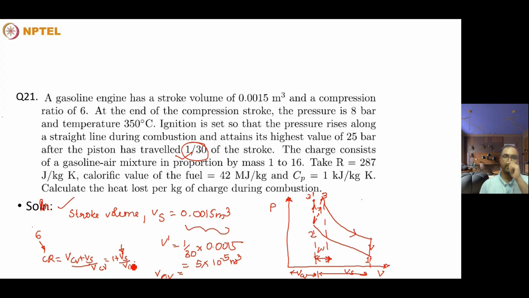So the value of clearance volume we get as the stroke volume divided by 5.